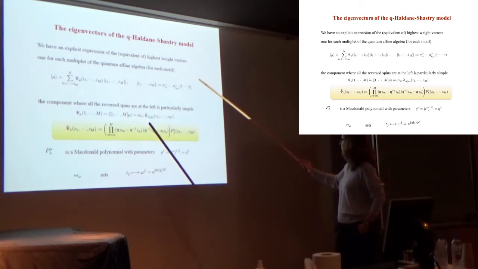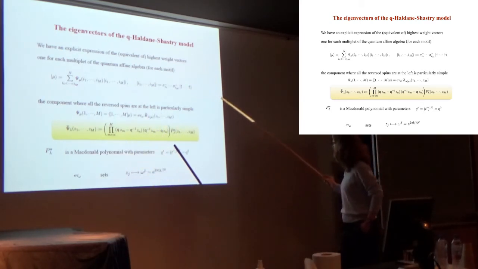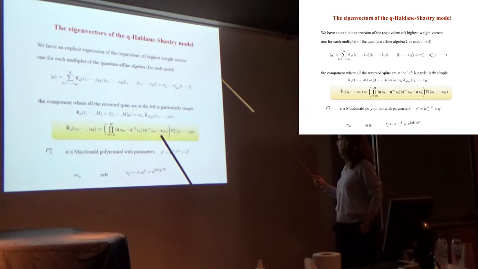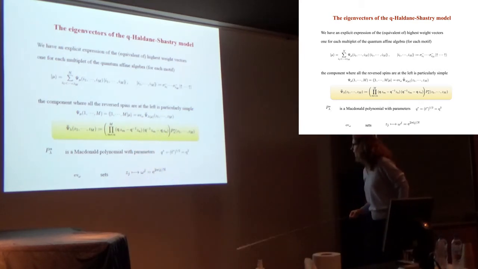The result is that these functions are nothing else than some values of the McDonald polynomials at some special values of the parameters q and t, multiplied by a q Vandermonde times a q Vandermonde at the value of q minus 1.